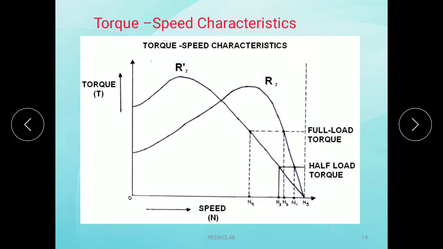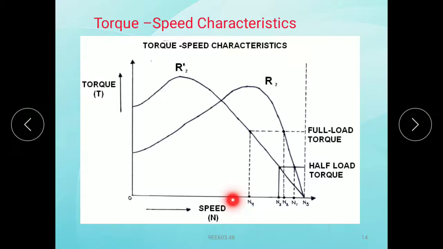For full load torque, this one, without rotor resistance, the speed is n2. And for full load torque by inserting resistance, the speed is less than n2, that is the low value n4.